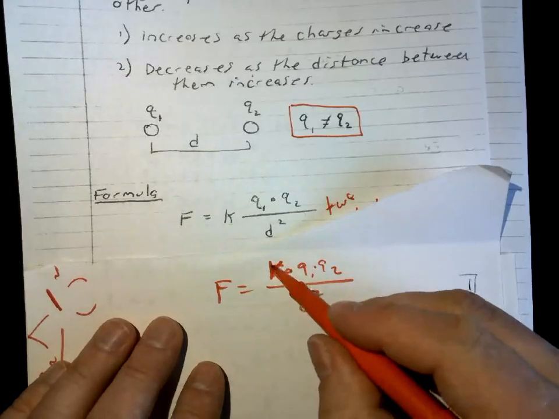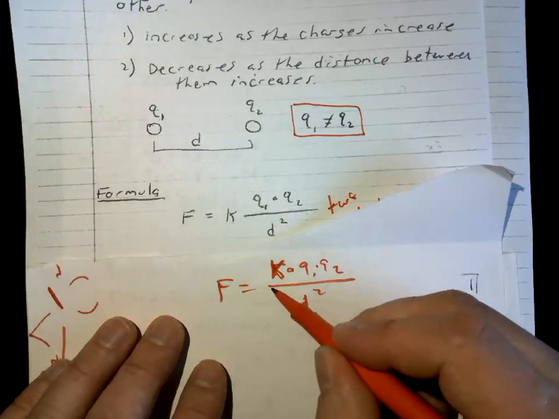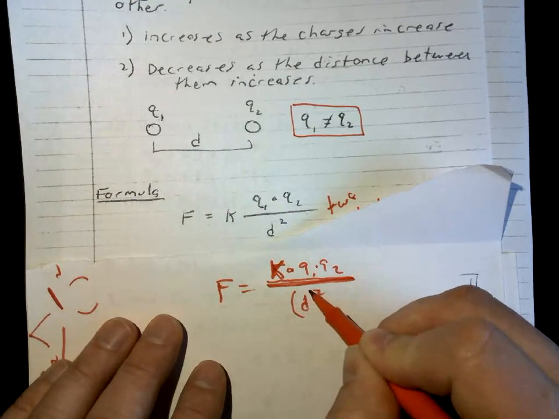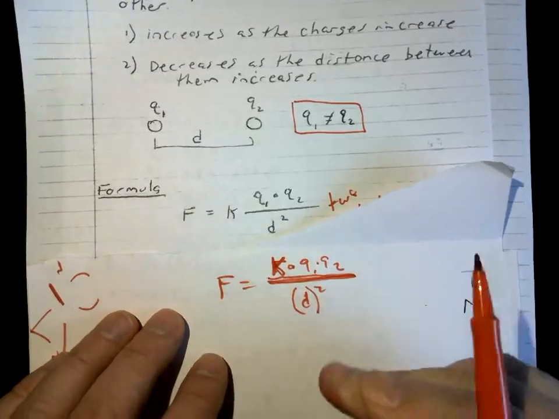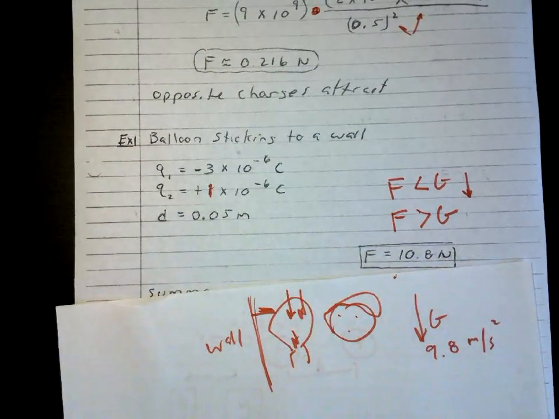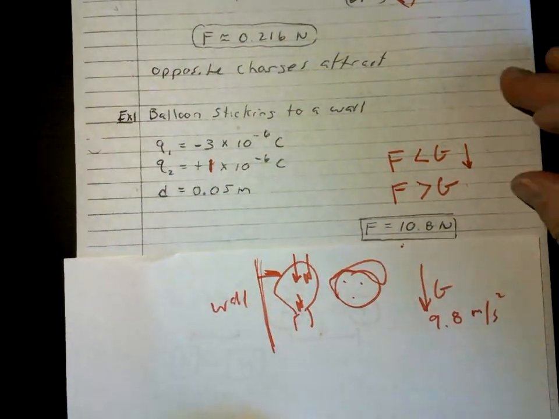So you can multiply the k times the Q1 times Q2, and then divide that by D squared. Remember, put that in parentheses. It helps with the calculator. So please make sure you understand that part and get this answer, because on the homework, I don't want you freaking out and saying, well, I didn't get the problem.